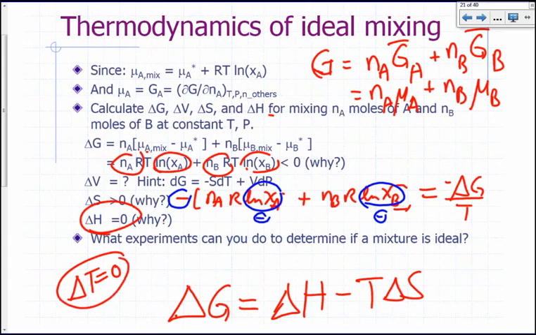If you were to measure delta T for mixing, and you mixed the two liquids and the temperature went up, what does that mean? Delta H is negative. You have an exothermic mixing process. You would see deviations from ideal behavior.